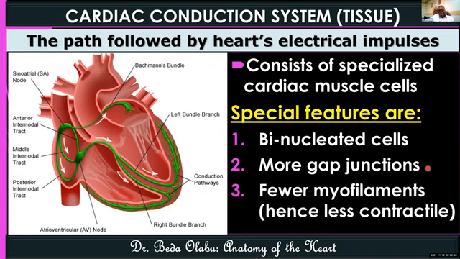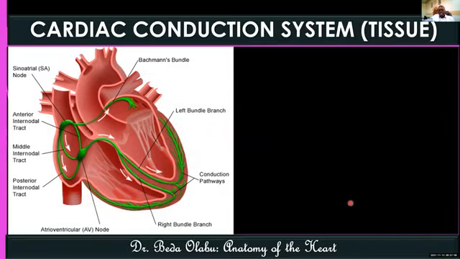Last but not least, these cells have fewer actin and myosin fibers compared to the rest of the cardiac muscle. The implication of that is that these muscles, therefore, will contract less compared to the rest of the cardiac musculature. Those are their special features. So let's outline the path. That image shows us that green is the outline of the path, but let's approach it in a different way.